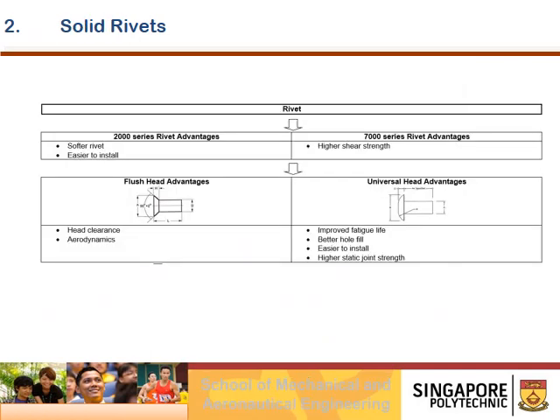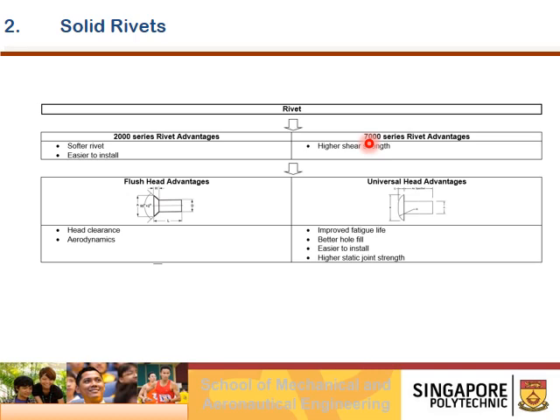So this table shows the types of rivets available and an overview of the advantages of various rivet heads and series. So let's go through the 2000 series and 7000 series. They are commonly found in aircraft manufacturing and repair installation. If you recap back to unit 1, the 2000 series main alloy is copper.